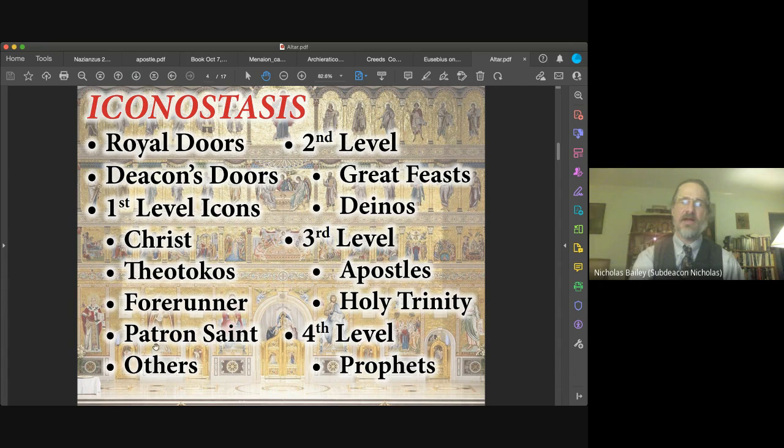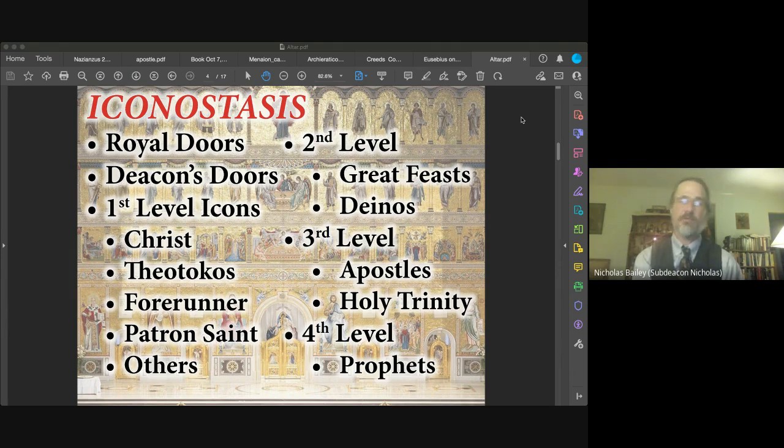To either side are what are called the deacon's doors. They're named for that because the deacons come through there to make their petitions. Generally, you will have an icon of one of the saints who were deacons, like Saint Stephen or Saint Lawrence, or you'll have icons of the angels because they're the deacons at the throne of God.